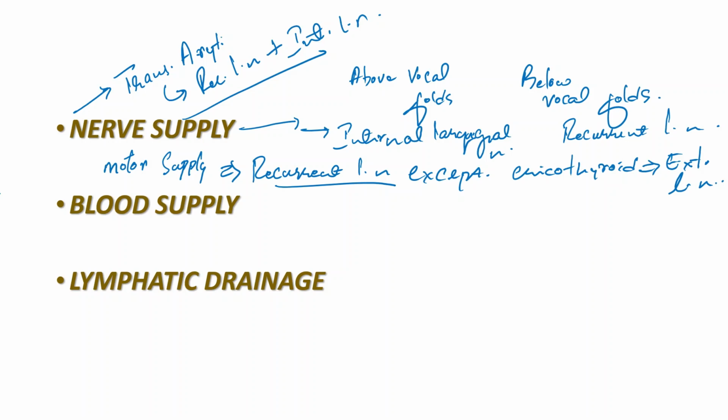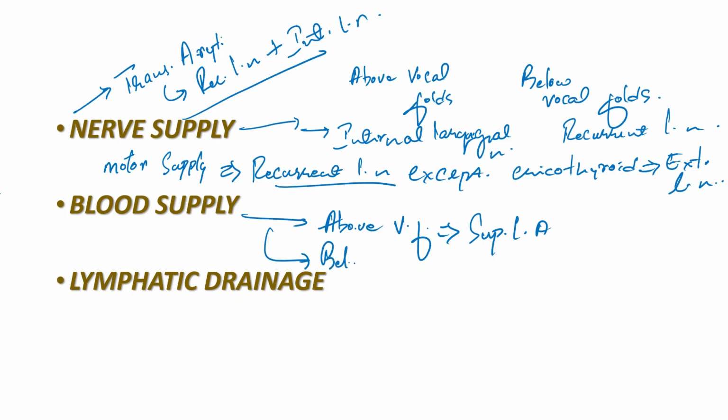Moving on to the blood supply of the larynx, the part of the larynx which lies above the vocal fold is supplied by the superior laryngeal artery, whereas the area below the vocal fold is supplied by the inferior laryngeal artery.